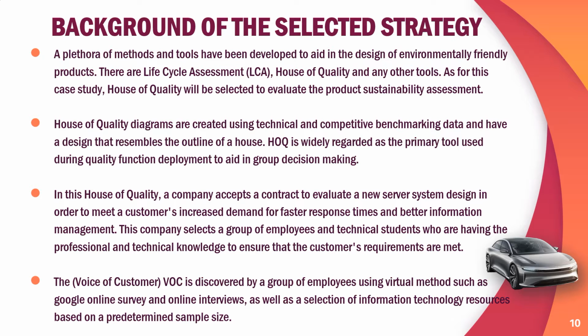It uses technical and competitive benchmarking data and has a design that resembles the outline of a house. That is the structure of the house of quality diagram. It is widely regarded as the primary tool used during quality function deployment to aid in group decision making. So through this tool, decision making for the product can be made.